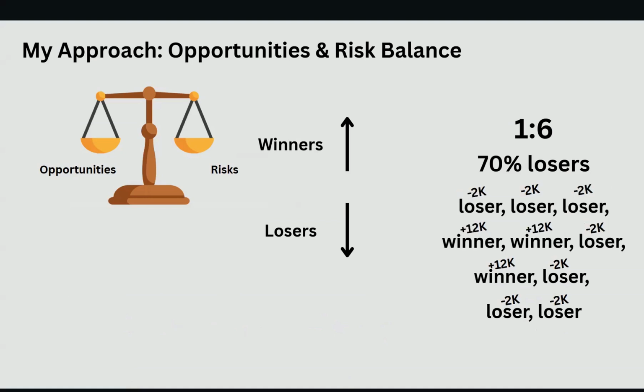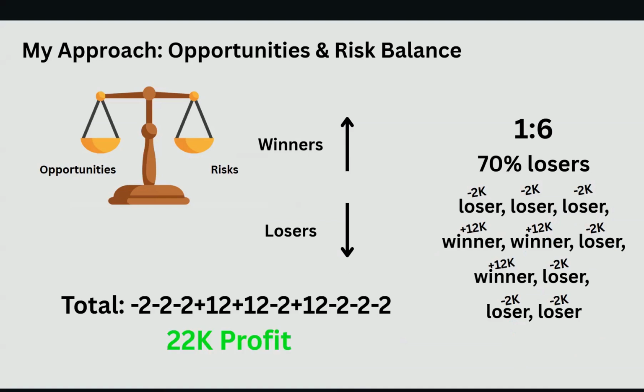Now let's replace. Let's say the first trades are losers, and then winner, winner, another loser here, winner, loser, loser, loser. This means you lose 6K in your first 3 trades. Then you win 24, another loser, winner, loser, loser, loser.